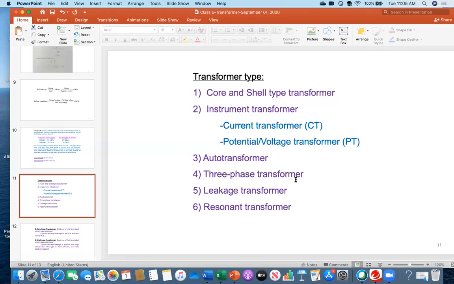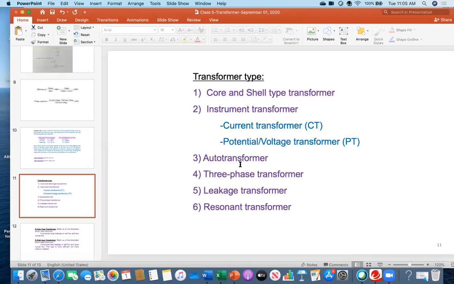It will have delta, it will have Y, and all the equations are equally valid for the three-phase transformer. We will be discussing that. And then the other two types are called the leakage transformer and resonant transformer. We will not be covering these, I am just telling you the names. Typically, these are used in some electronic circuits or communication circuits.